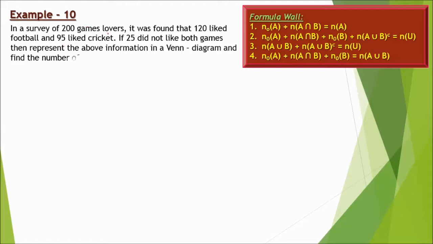So 25 are those who are not interested in both these sports. Maybe they like hockey, or athletics, or car racing, MotoGP or Formula 1, or they may like wrestling, some narrated sports, or any sports, like a video game also.